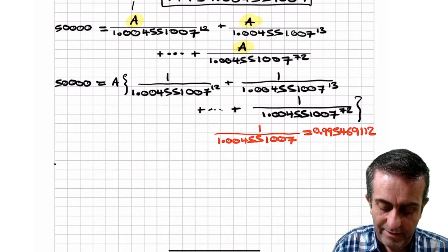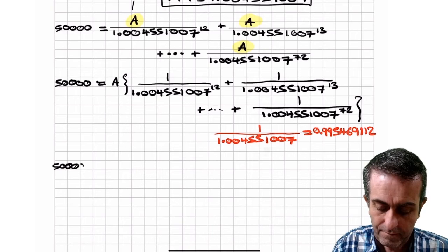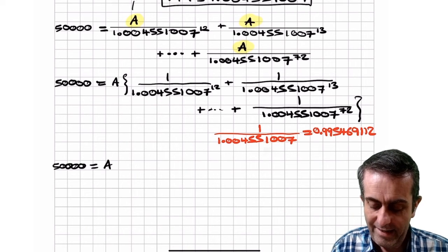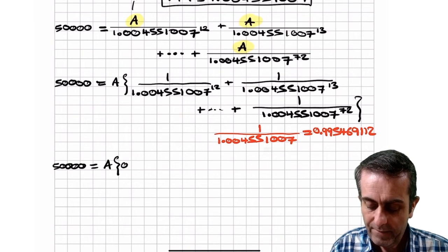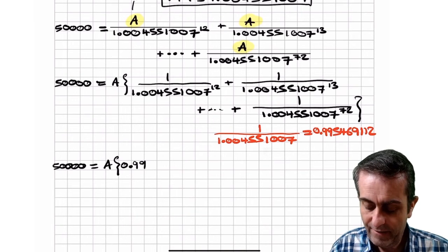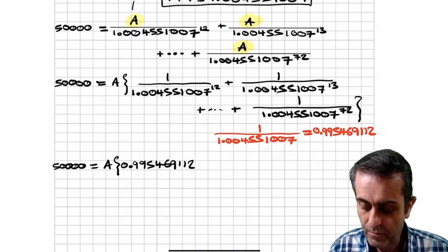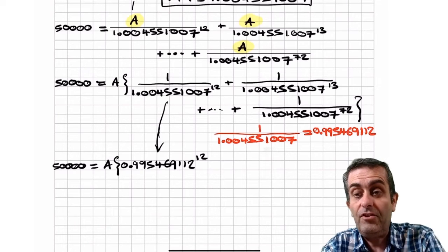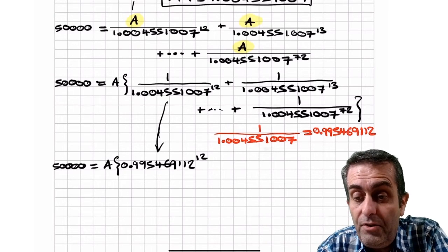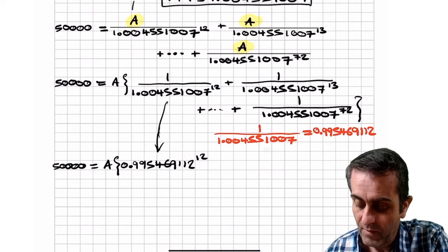Now, if I make that alteration, here's what I end up with. On my next line, I have 50,000 is equal to A multiplied by 0.995469112 to the power of 12. Because remember, over here we had the fraction to the power of 12. So my new decimal is to the power of 12 as well.